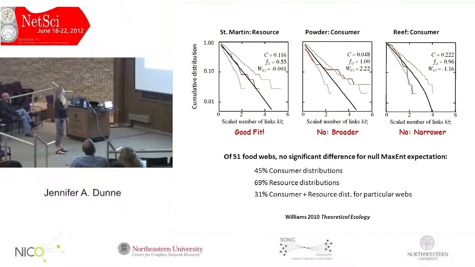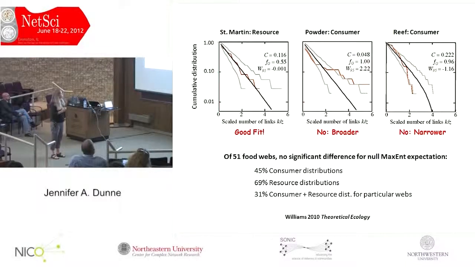For the St. Martin food web, for the resource distribution, the red line shows the empirical network data, and the black line shows the central tendency, or the prediction, of the maxent model, with 95% confidence intervals. In this case, there's a very good fit.